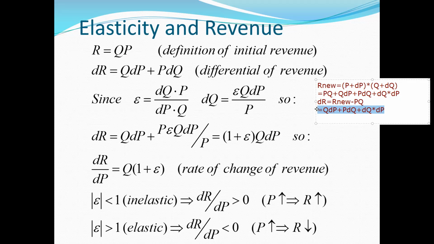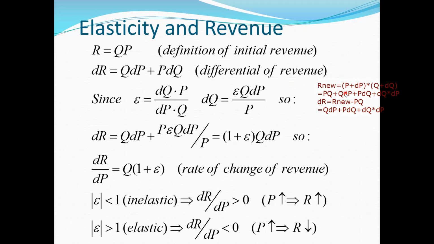Okay, so my change in revenue will be now defined by this expression that I'm highlighting on the slide. A question for you: why doesn't this expression look the same as what I already have on the slide? What's the difference between the expression that I just annotated versus the expression that you see on the slide right here?